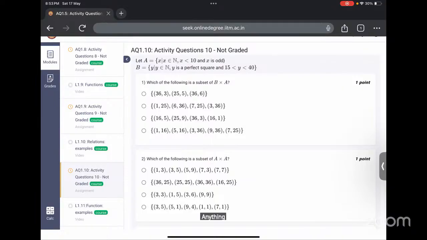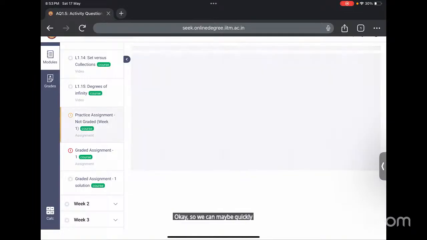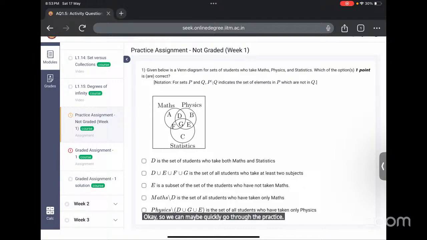Anything else from the activity? No? Nothing at the moment. Okay, fine. So we can maybe quickly go through the practice. We'll maybe solve 2-3 questions.